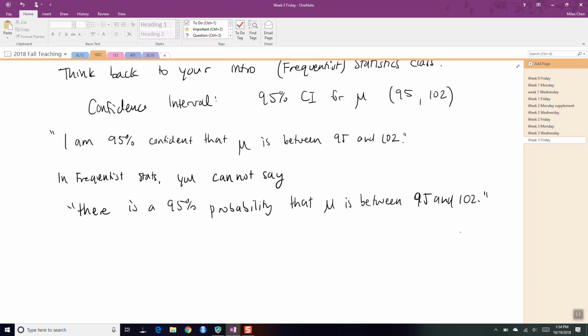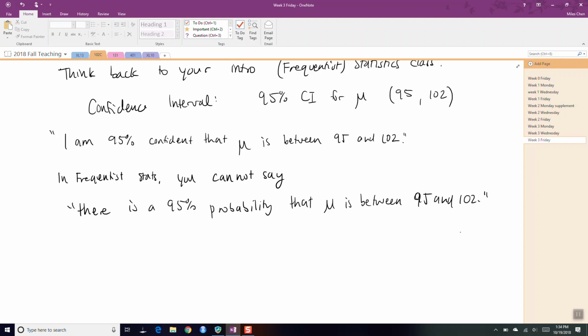If you hesitate to answer, then that's correct, because once the coin has landed, there's no probability associated with it anymore. It either landed heads or it didn't. You don't know how it has landed, but you cannot say there's a 50% probability that the coin landed heads because it either did or it didn't. You can only say, I am 50% confident that it landed heads. Okay? You can say I'm 50% confident it landed heads, but you cannot say there's a 50% probability that it has landed heads because it either did or it didn't.